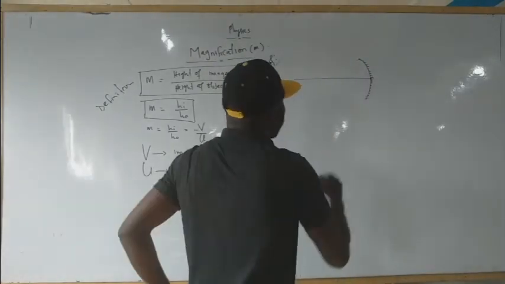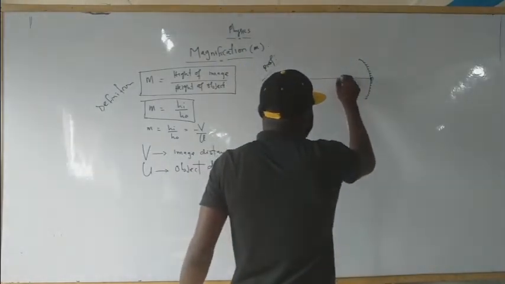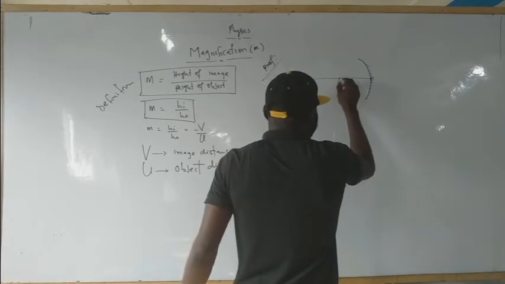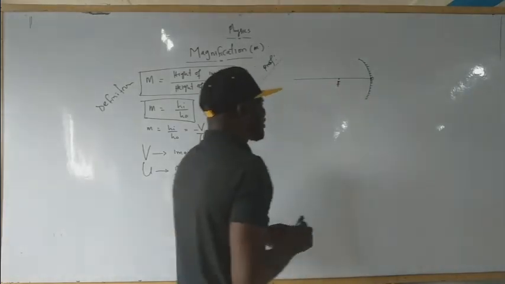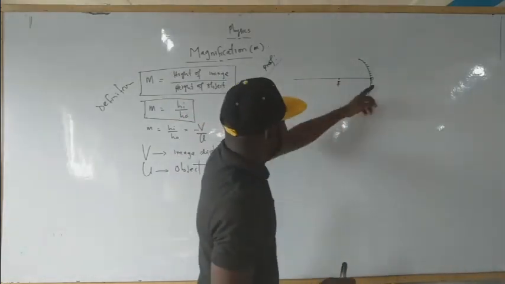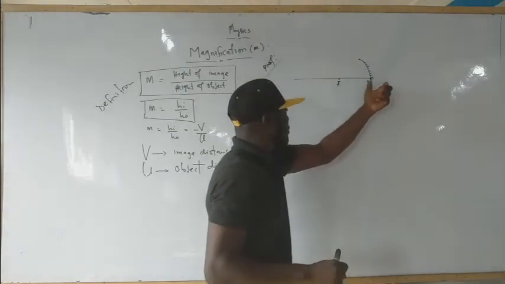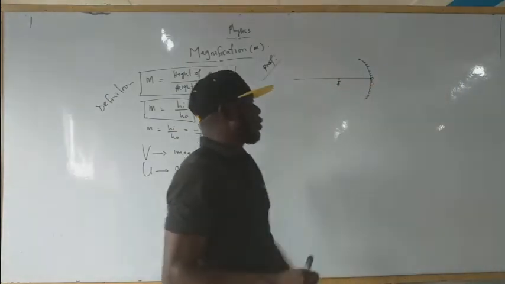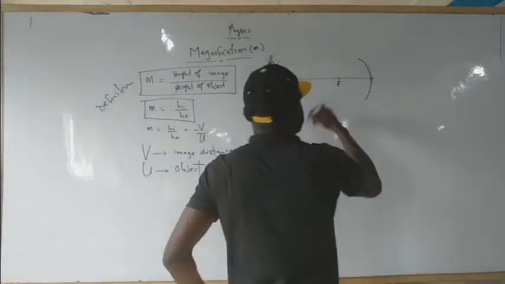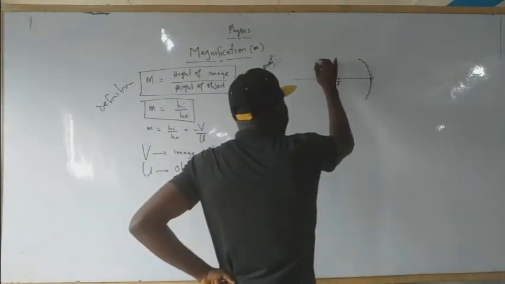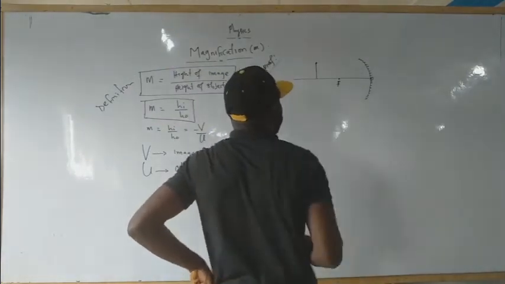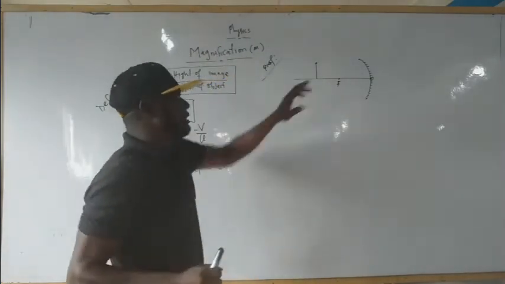Now this is always called F, the focus. This is the distance from the pole to here. So we can decide to place our object here.